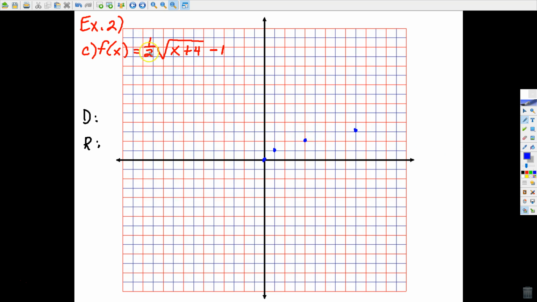And now one at a time, left to right, I'm going to take care of this transformation, which is called vertical compression, because the number is between 0 and 1. And then I'm going to have a shift of 4 to the left and a shift of 1 down. So let's do it one at a time to all 4 of my parent points, or points that represent the parent.